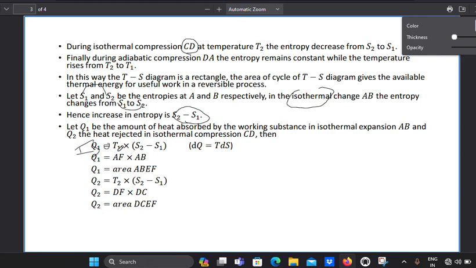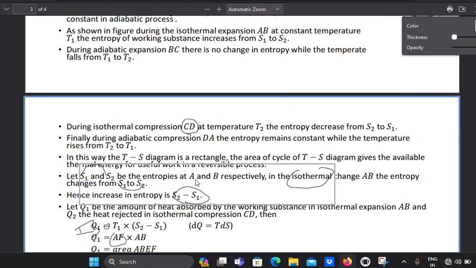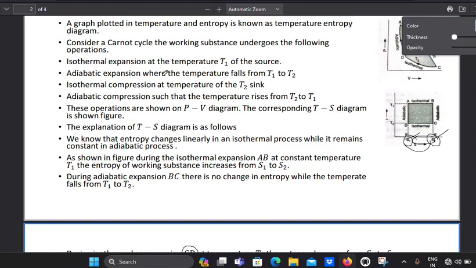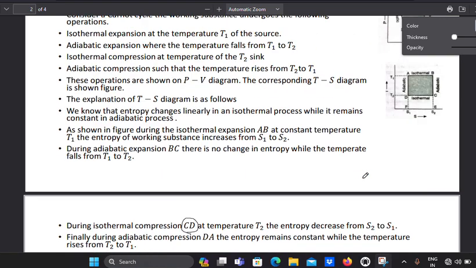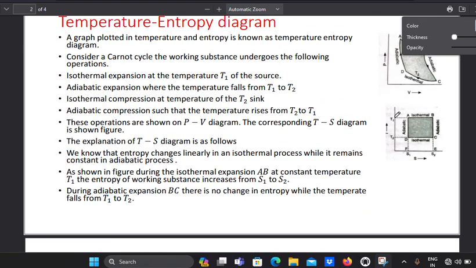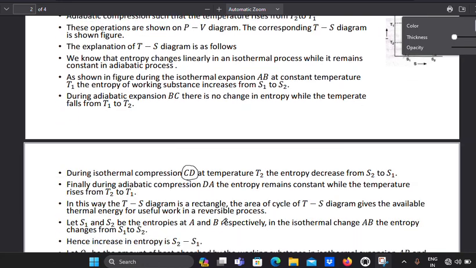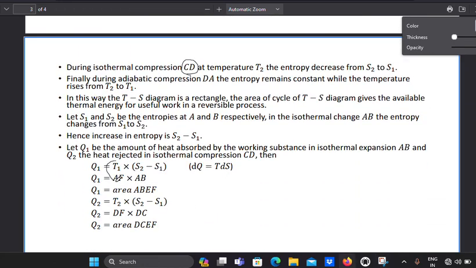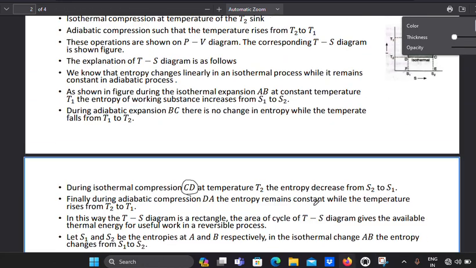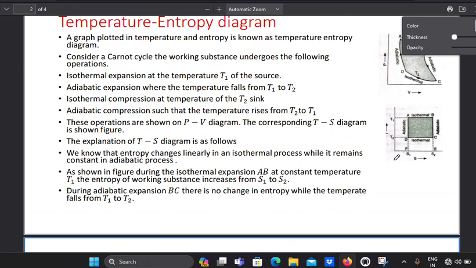And here, how did we get AF? If you want to know AF, we have to observe the graph. See the graph. In the place of T1, I have written AF. T1 means from here to here.